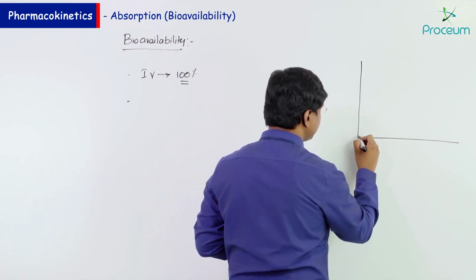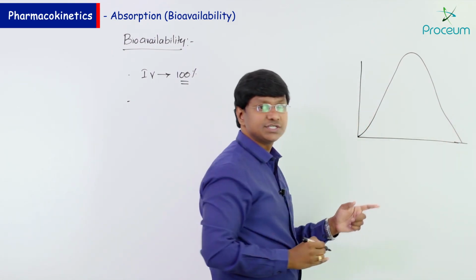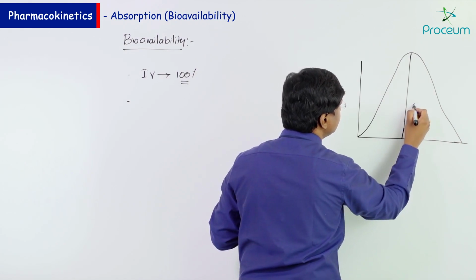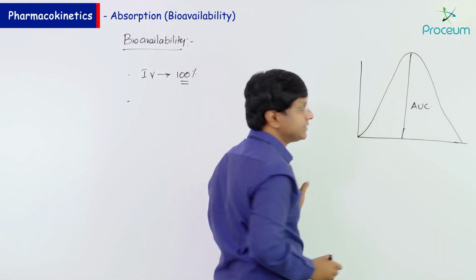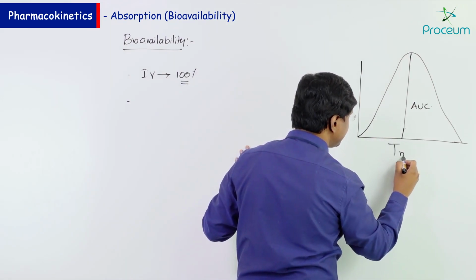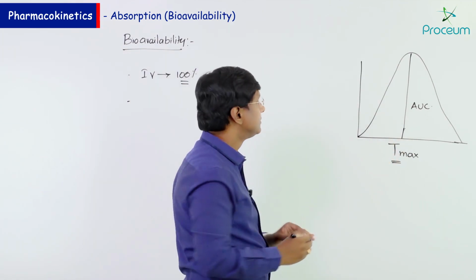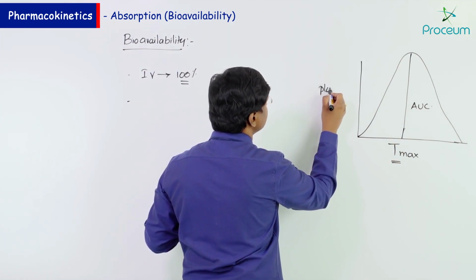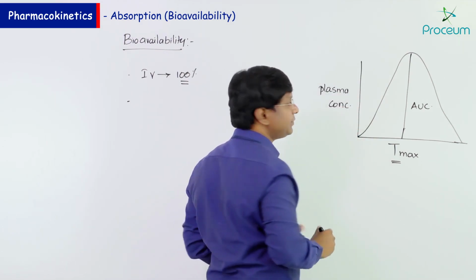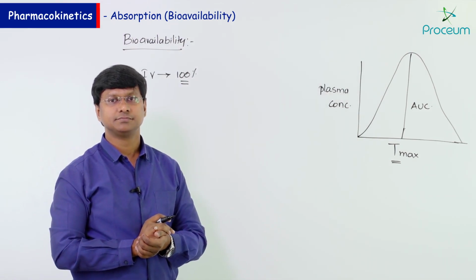So, for example, this is your AUC, that is area under the curve, and this graph is plotted against the time concentration, that is with the time what is the plasma concentration of the drug.